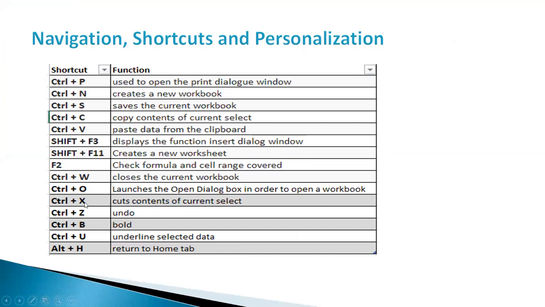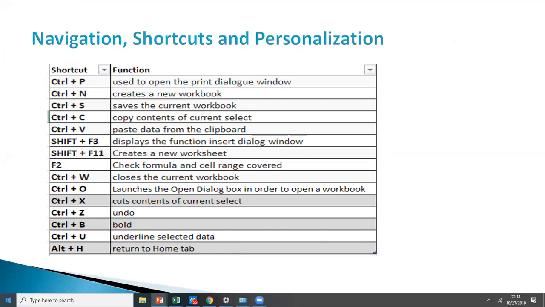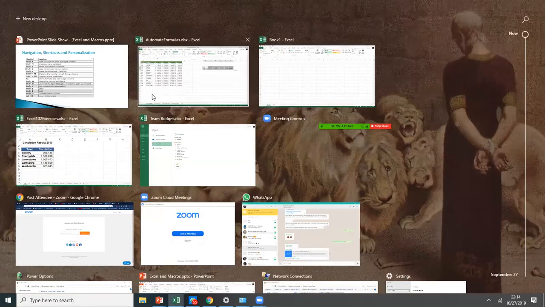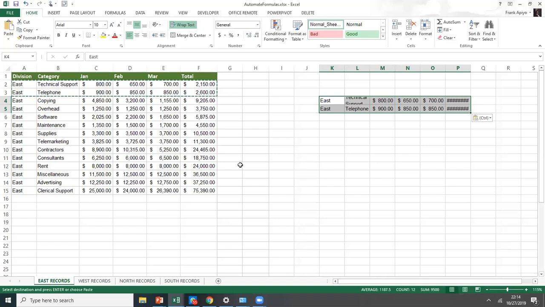Another one is Control X. Control X cuts your content. The difference between cutting and copying is that copying duplicates your data, but cutting changes the location. It relocates your data. So let's say I want to relocate this range of cells.